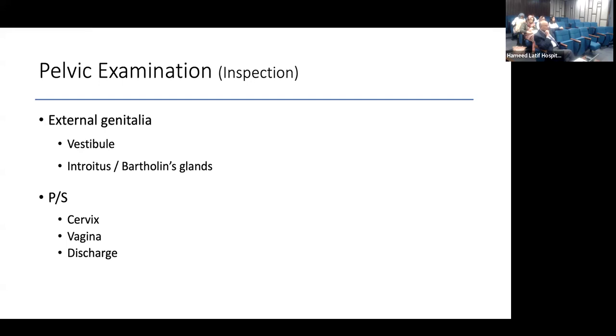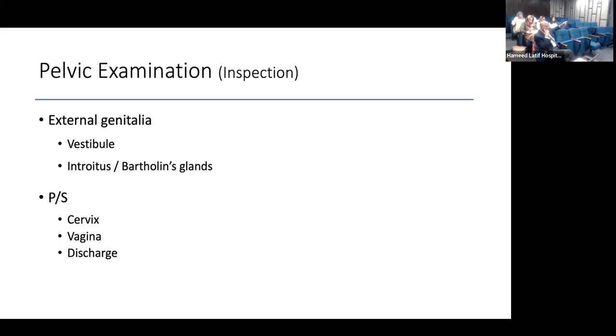So good, right? So inspection of external genitalia, and in that the labia should be separated in the anterior part to visualize the vestibule, to see the urethral opening, and that is the part which is called the vestibule.